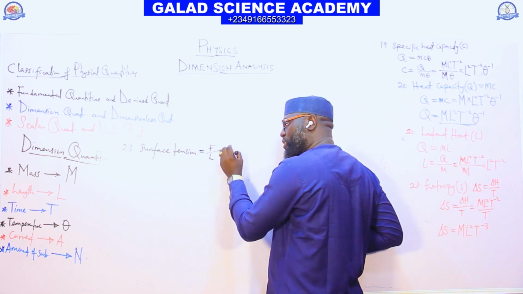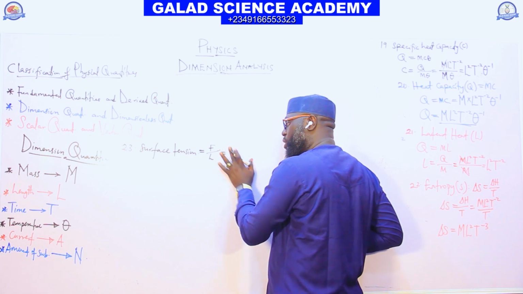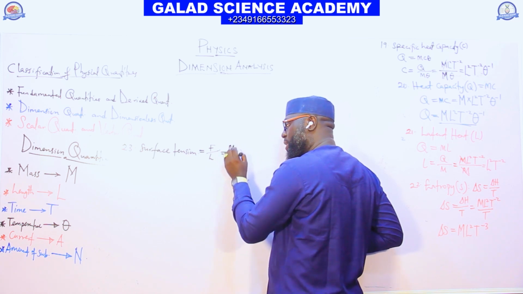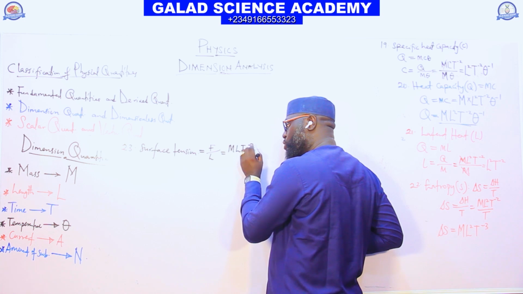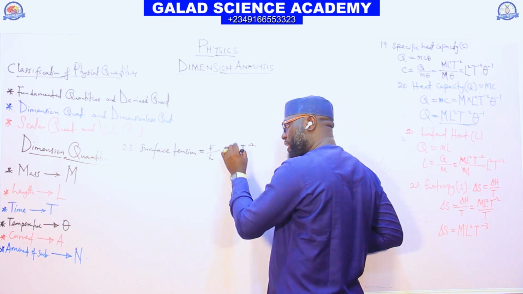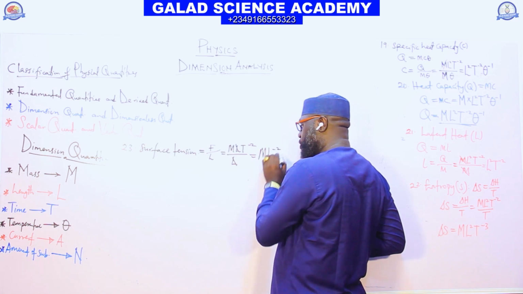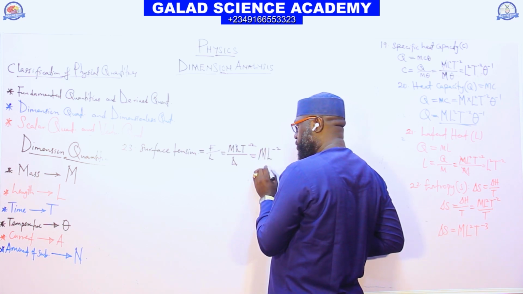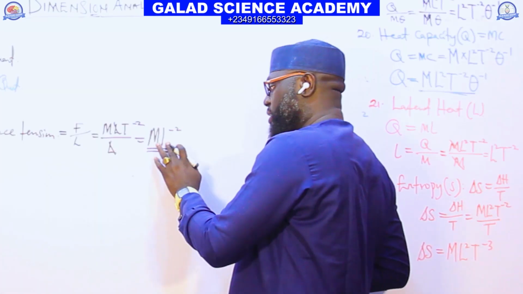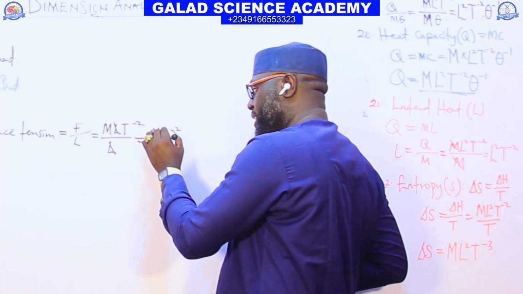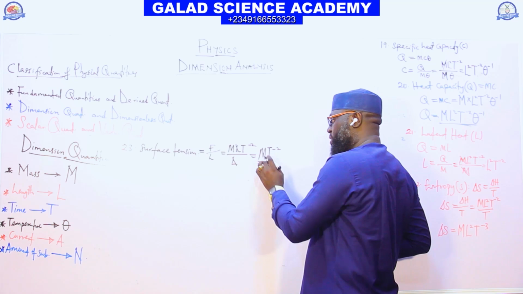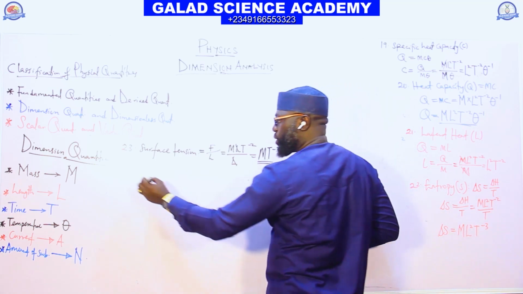The dimension for force is M L T to the minus 2, over L. The L cancels each other. We have M T to the minus 2.